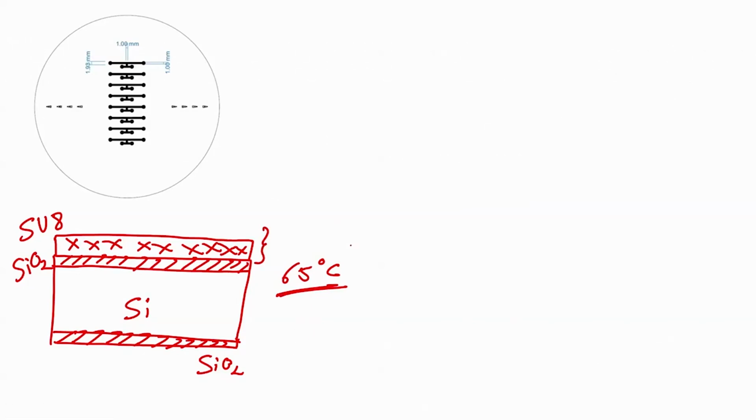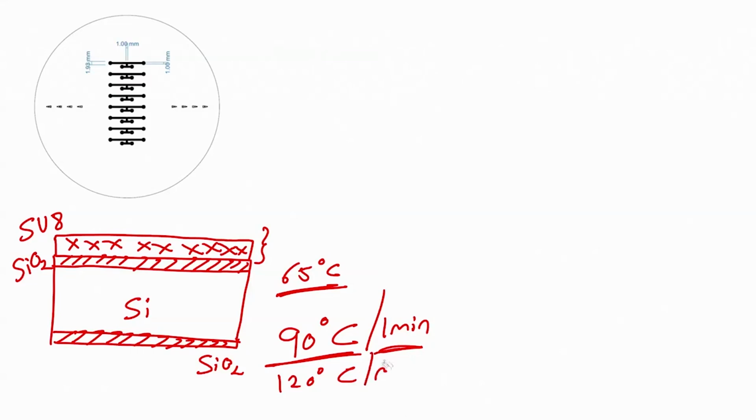For positive photoresist and negative photoresist, what we were discussing till now is that the soft bake or pre-bake temperature is 90 degree centigrade, and if you use a hot plate, then you can bake it for 1 minute. The post bake temperature was 120 degree centigrade. Again, if you are using a hot plate, you can bake it for 1 minute. This is for positive and negative photoresist, right.